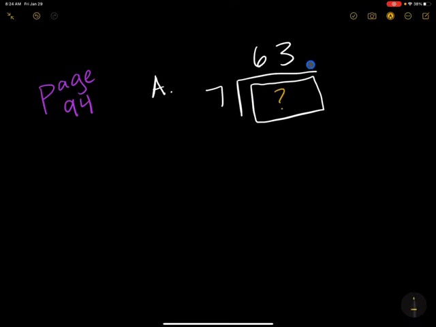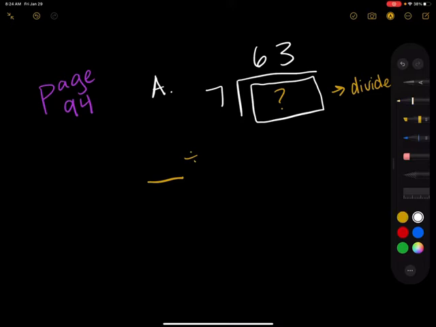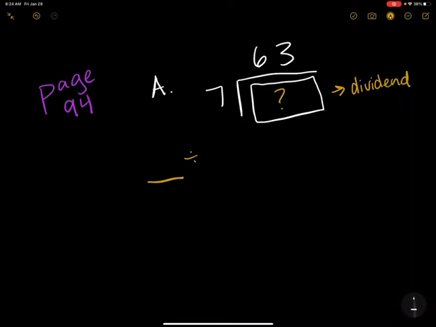Remember, this box is going to be our biggest number because it is our dividend. Dividend is always our biggest number. It's this divided by the divisor.